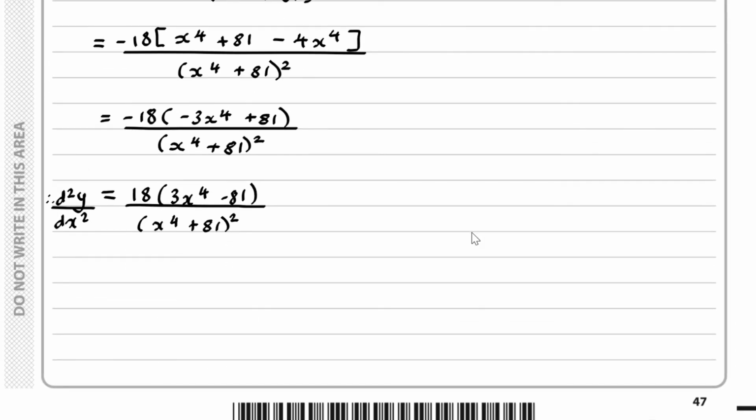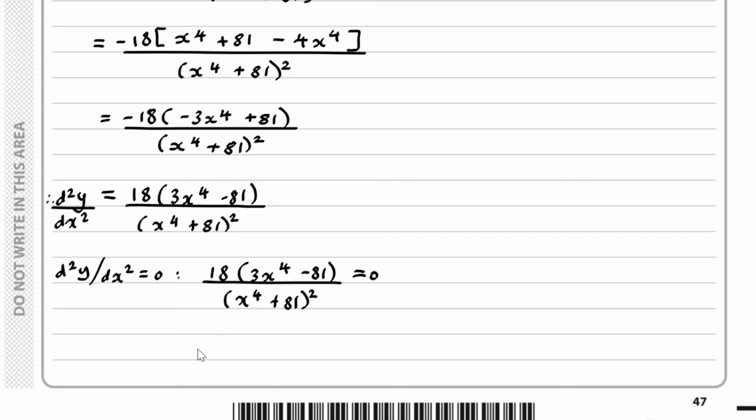Well, first of all, let's set d squared y over dx squared equal to 0. When we do that, we have 18 lots of 3x to the 4 minus 81 over x to the 4 plus 81 squared equal to 0.